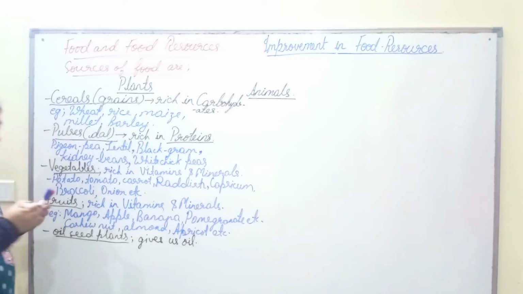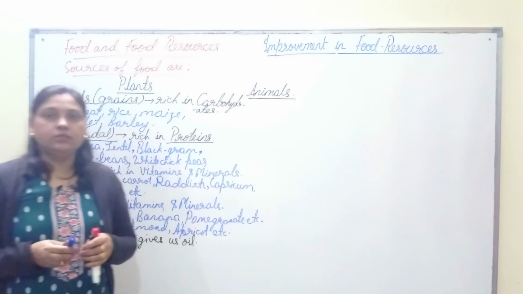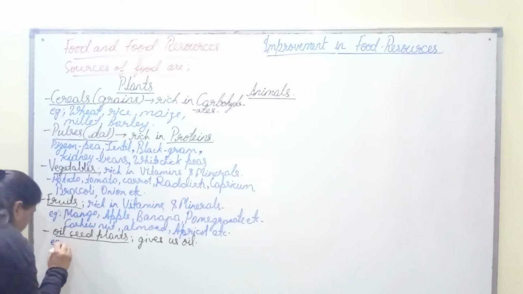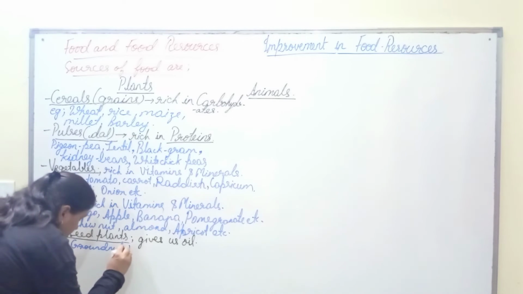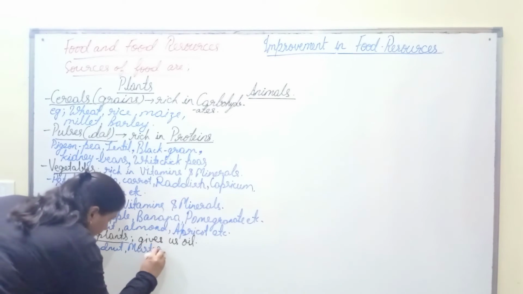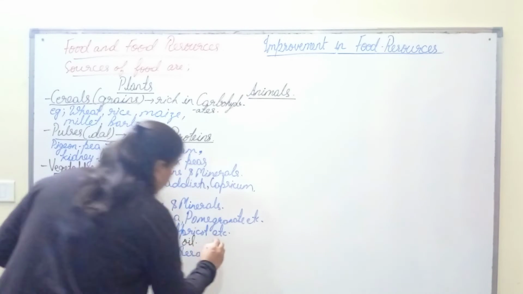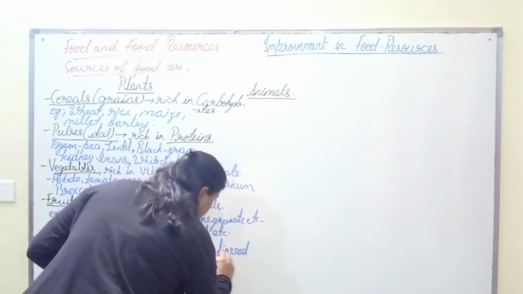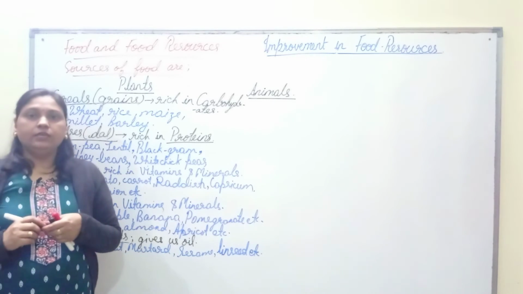And the examples of oil seed plants are mustard, groundnut, sesame, linseed, etc. These are the seeds or plants that give us oil.